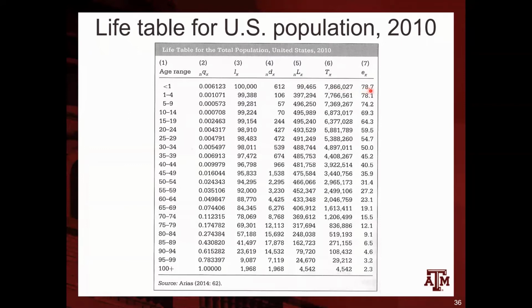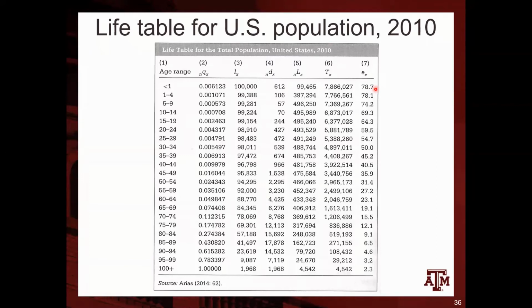And so that's the life expectancy at birth. See, it's just the EX, doesn't have the N either. So that's for the first group, is the E0, as I mentioned before. So if we have a hypothetical group of people and expose them to these mortality probabilities, they will live on average 78.7 years.